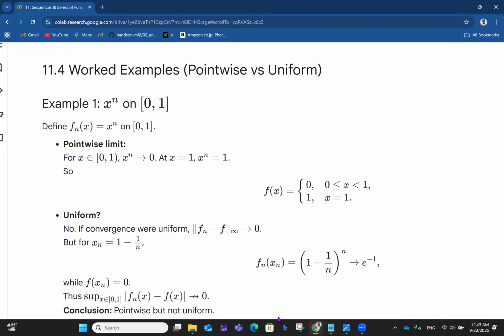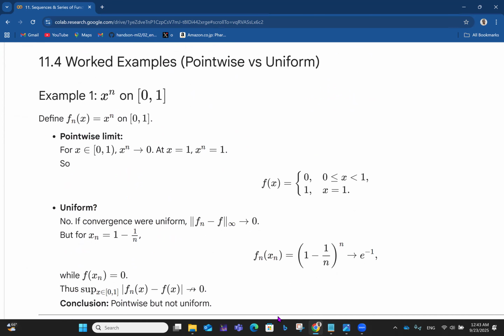So we have some worked examples to consider, talking about pointwise versus uniform. Look at example 1. You have x raised to the power n on [0, 1]. You want to confirm if it converges pointwise or uniformly, right? So let's start by defining Fn of x equals x raised to the power n on the closed interval 0 to 1.